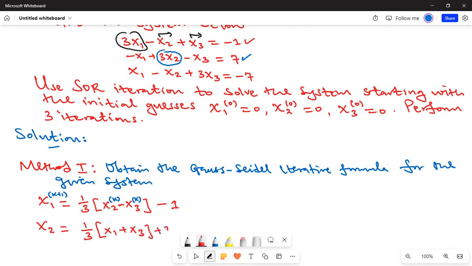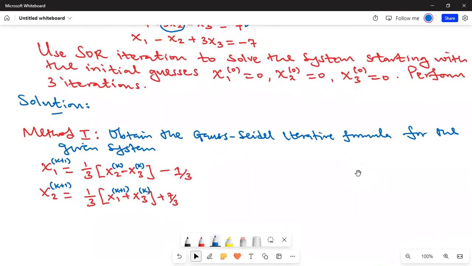Then this is plus 7 over 3. Even here it was negative 1 over 3 because I was dividing by 3 throughout. Because already I know x1 at level k plus 1, that's what I'll use here. I don't know x3, I'll evaluate that at level k. This is x2 at level k plus 1.